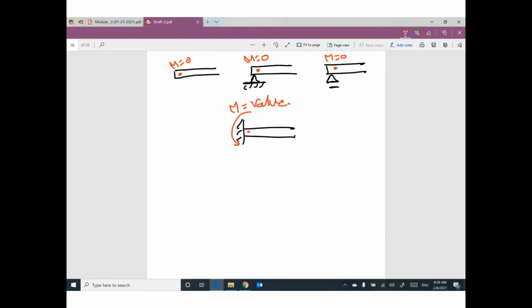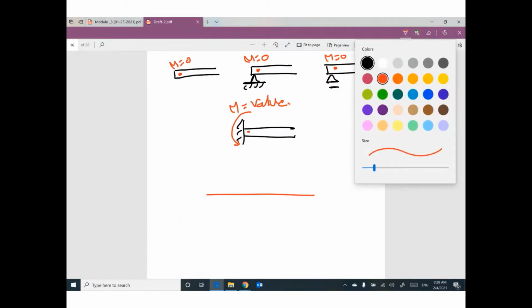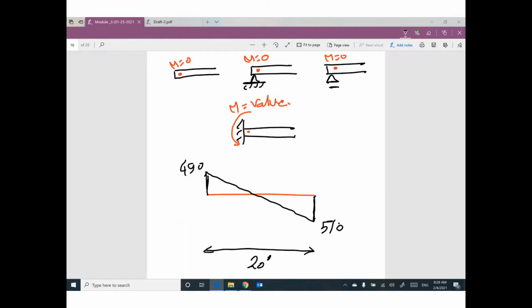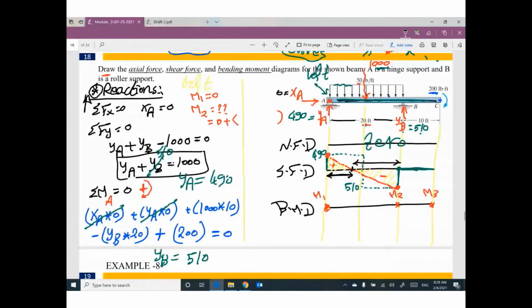Let me explain it here. We have a value here, 490. We have another value here, 510. We know the total distance is 20 feet, I believe. 20 feet, yes.